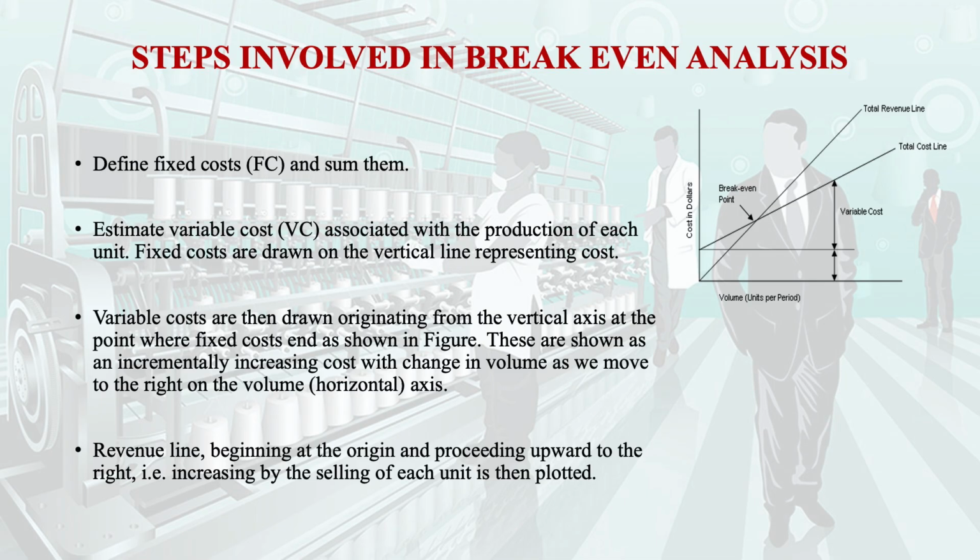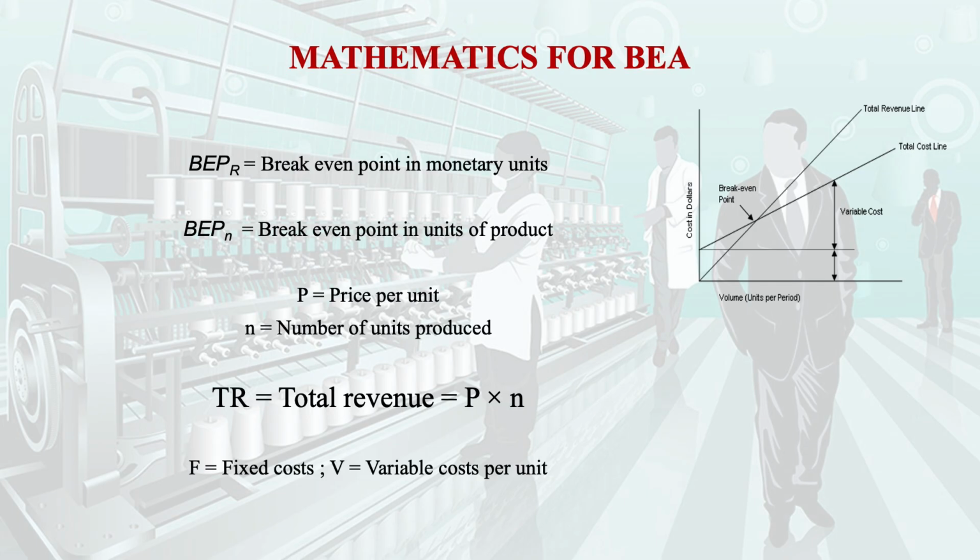As we will show in the picture, these are shown as an incrementally increasing cost with change in the volume as we move to the right on the volume axis. Then the revenue line begins at the origin, proceeding upward to the right, increasing by the selling price. That means as the number of units is increasing, our revenue line will also increase.